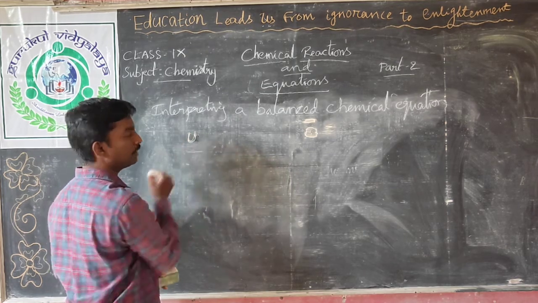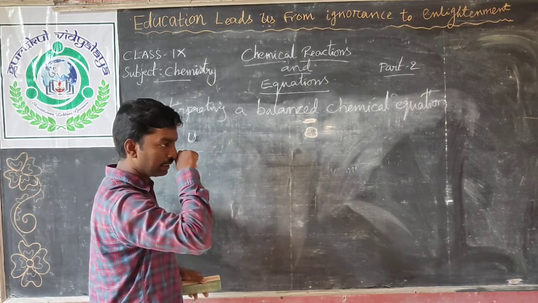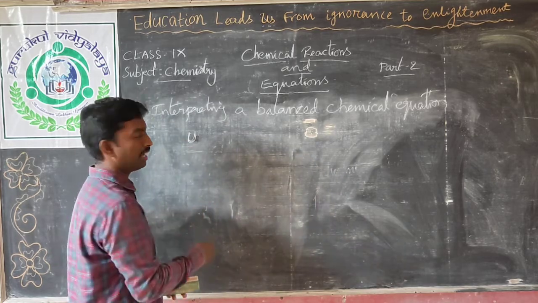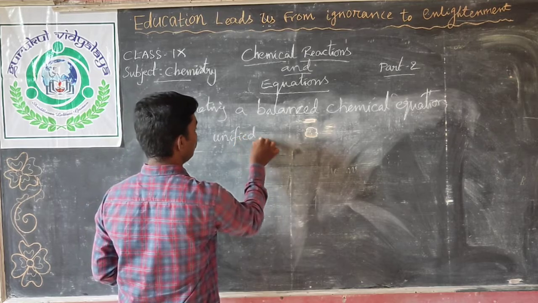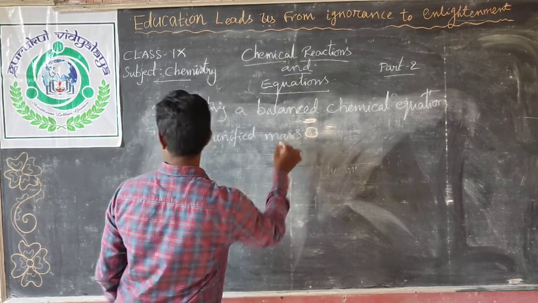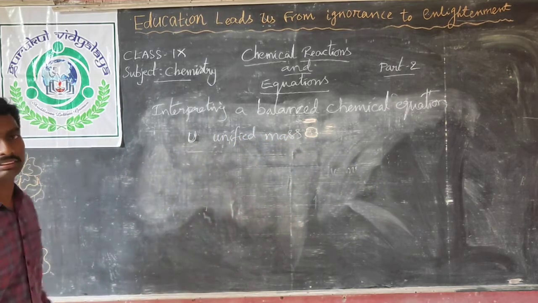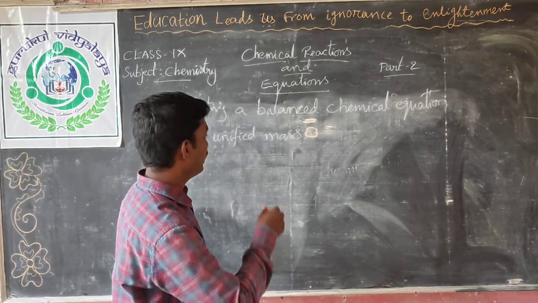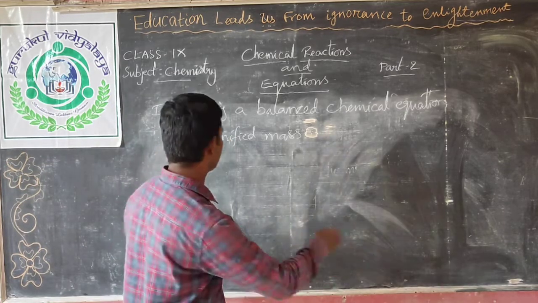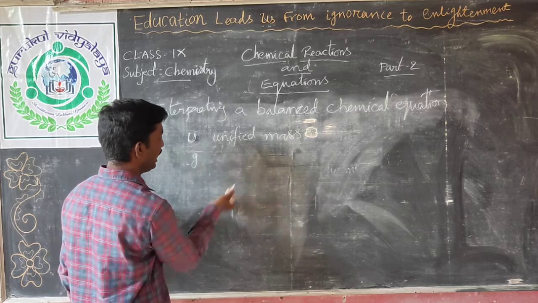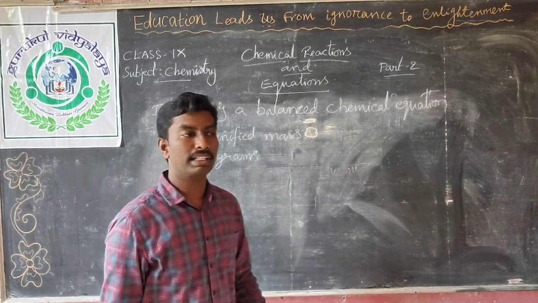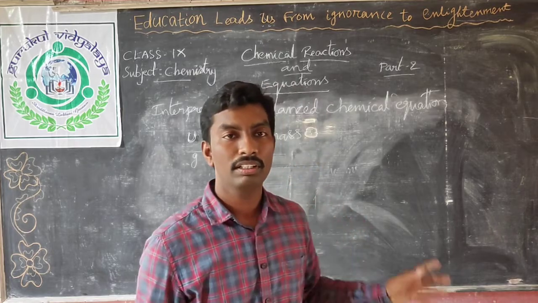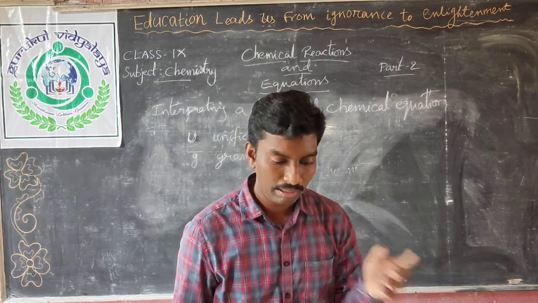If you use a capital U, we can represent it as the unit for mass, that is, unified mass. If you are using grams, we can write g. So the mass can be represented in the form of grams or unified mass.